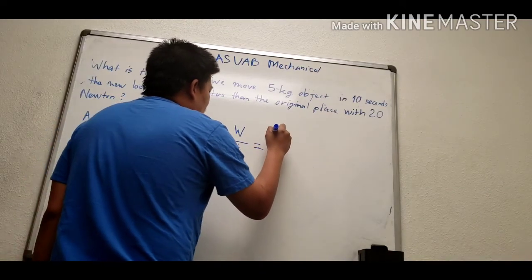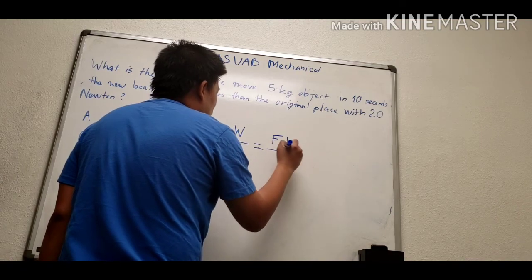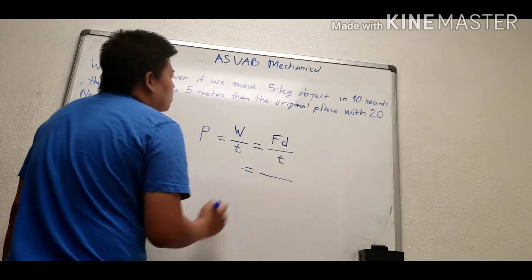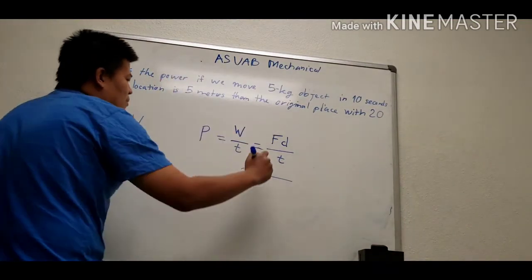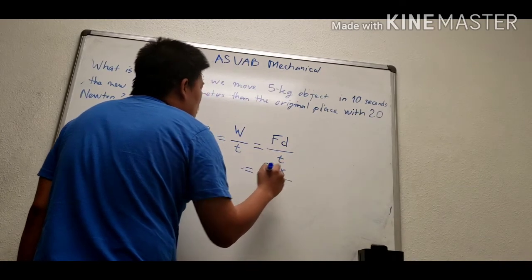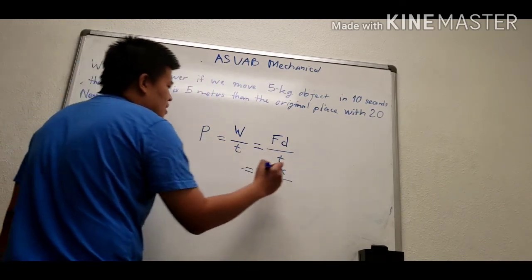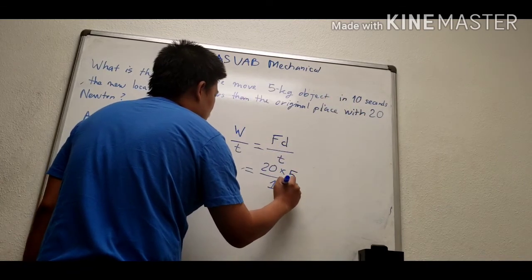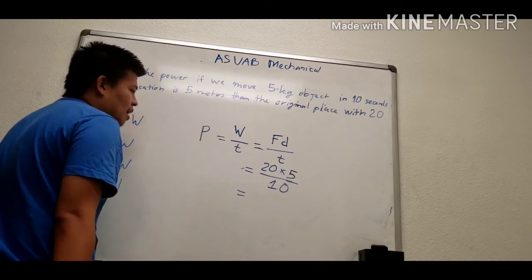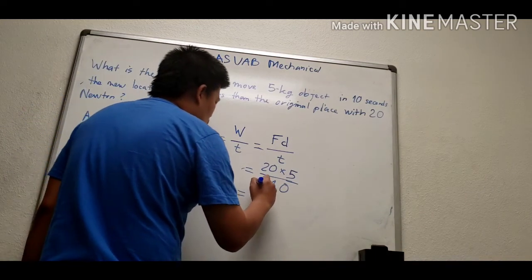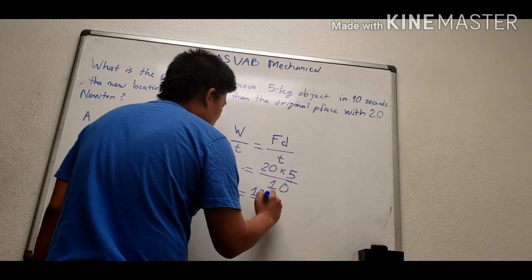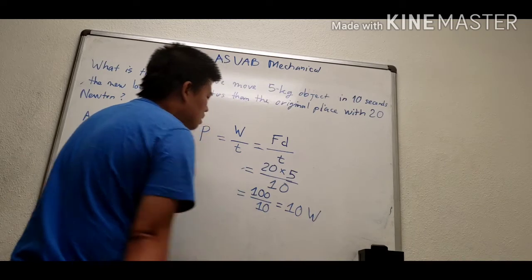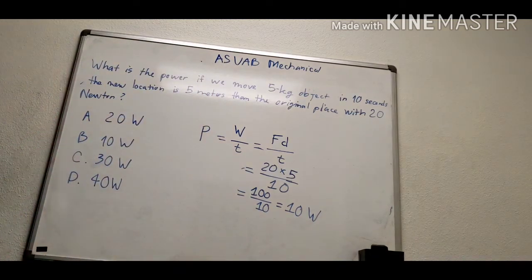W will become F multiplied with D divided by T. So the force is 20 newtons. We multiply with the 5 meters in here, and we have 10 seconds. So we just apply the formula, and we got 100 divided by 10 equal to 10 watts. So the answer for the question is B.